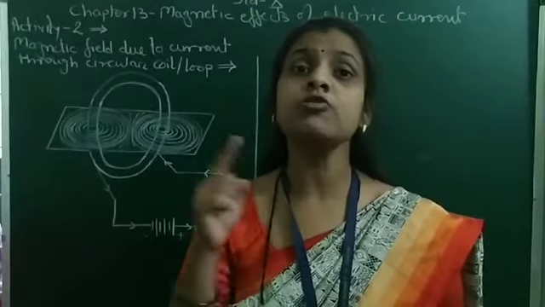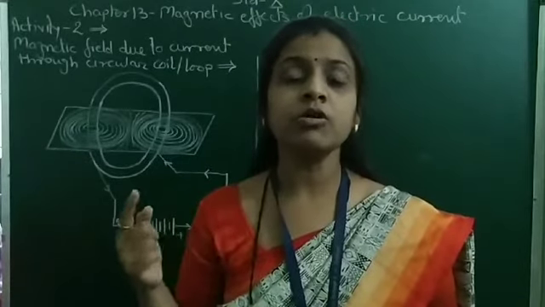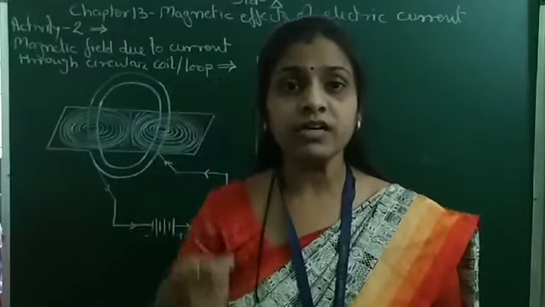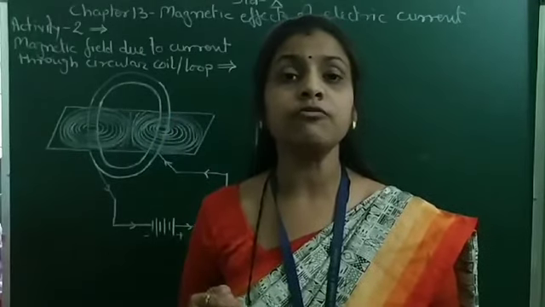As we have seen, there are circular concentric circles around a straight current carrying conductor when electric current flows through it.